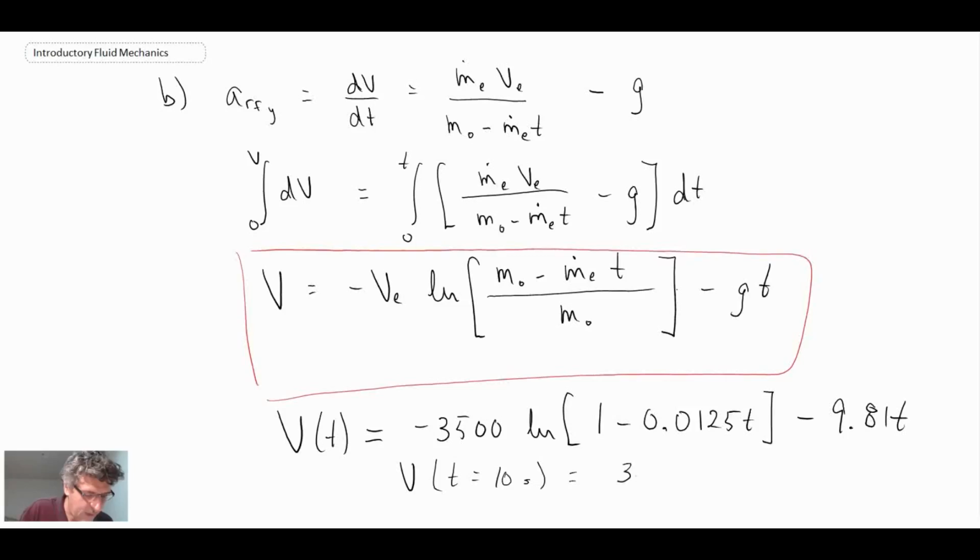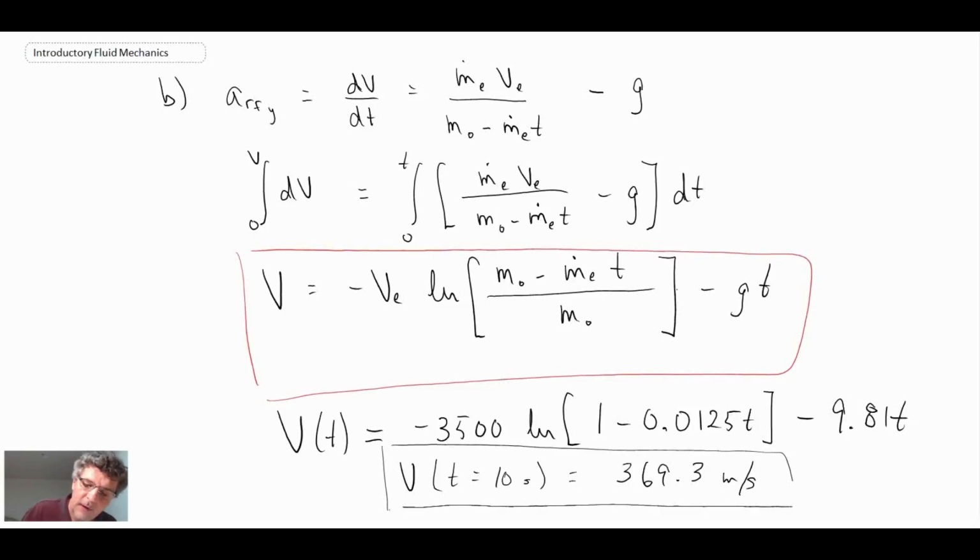We would get 369.3 meters per second. So, assuming that the speed of sound is around, it would be the square root of gamma RT, approximately 340 meters per second. Within 10 seconds, we would have exceeded the speed of sound, and so at that point the rocket would be going supersonic. And then it would continue to accelerate.